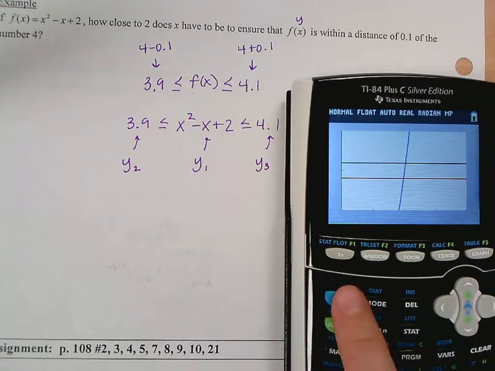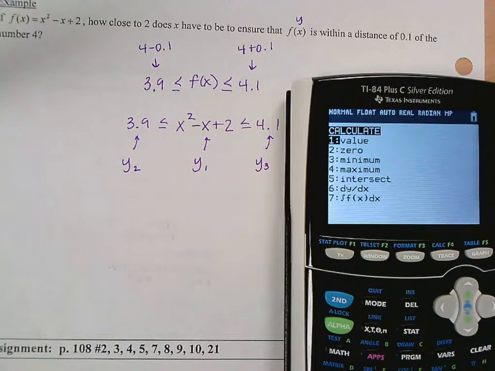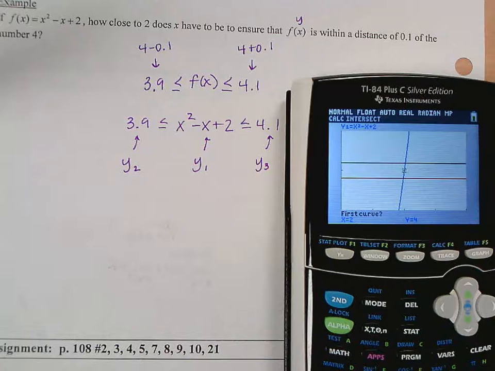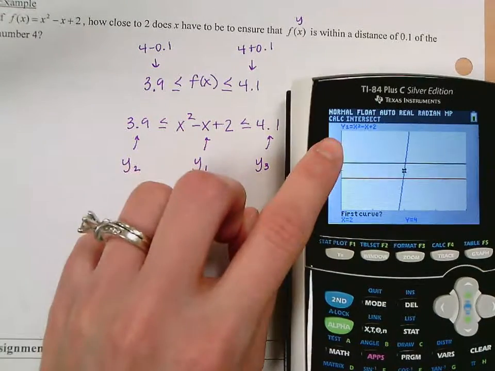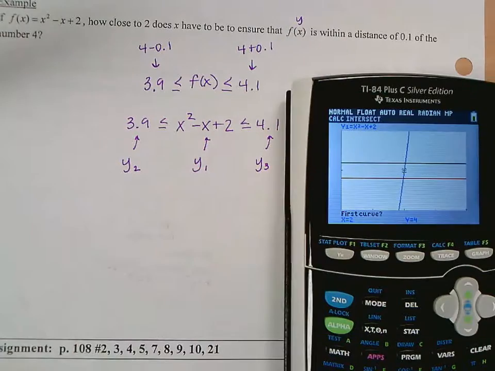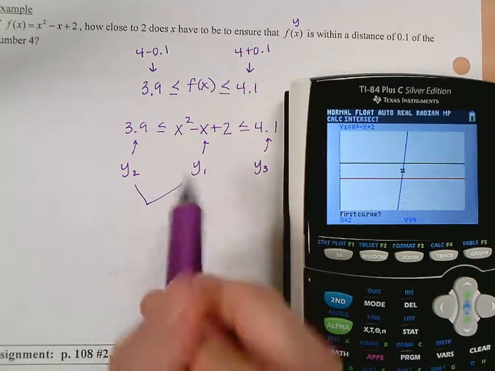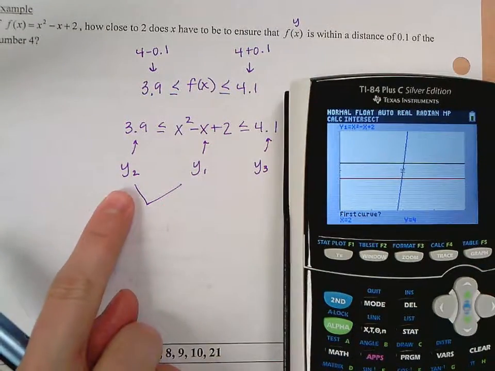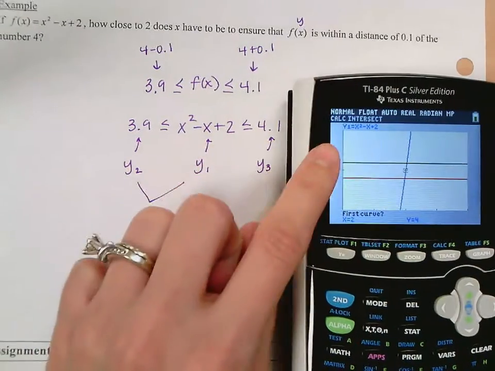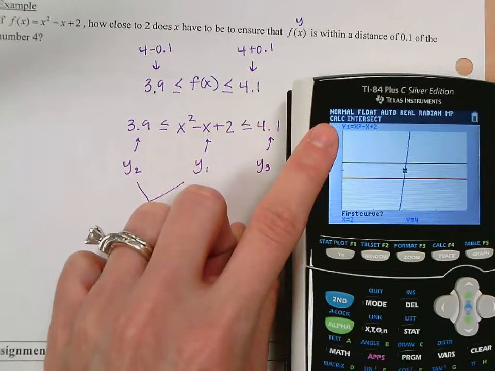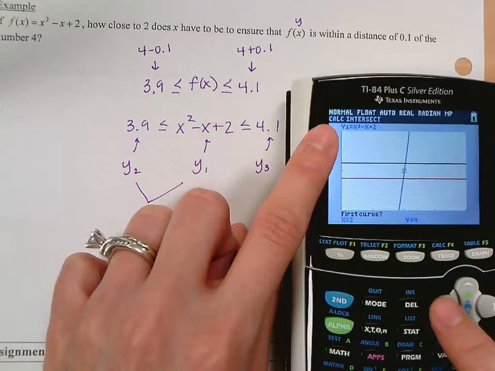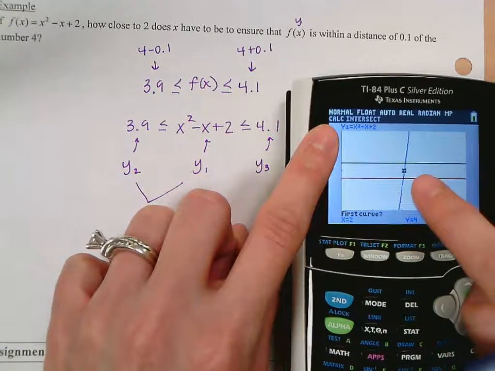So I do second trace for the calculate menu, option 5 is intersect. Here you have to be careful. Remember, the left and right arrows allow you to move along the curve. If you hit up or down, it changes what curve you are on. I want to first find the intersection between y1 and y2. Right now I'm on y1, so I wouldn't need to move the cursor.